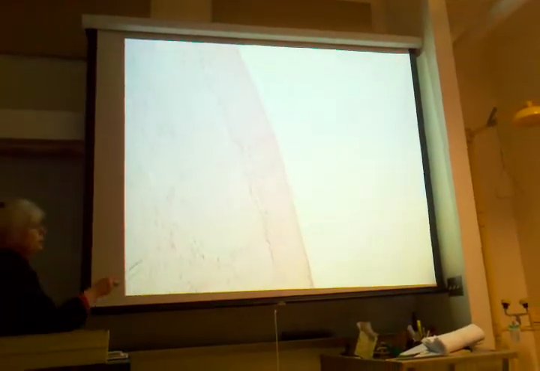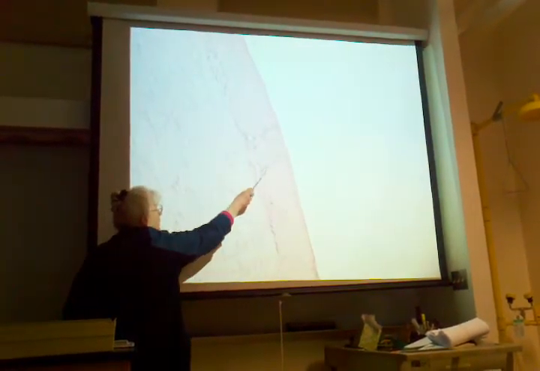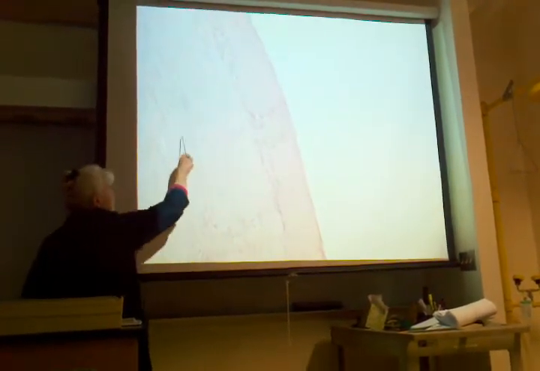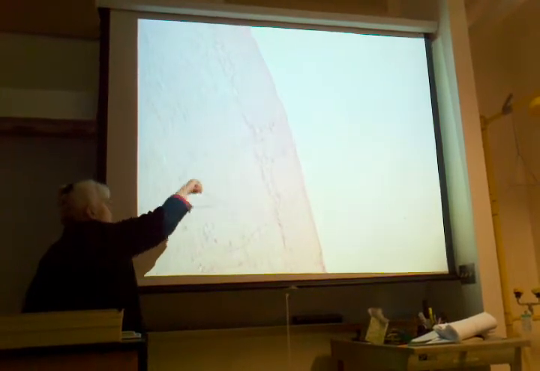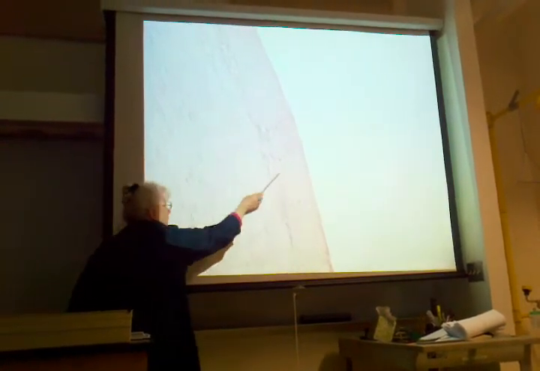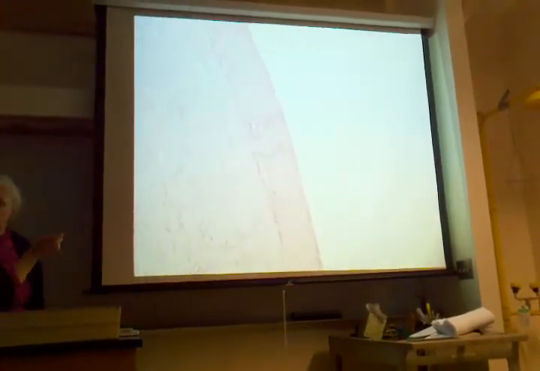On the outside, you see nuclei, right? On the inside, you see nuclei, right? So these are 2 different layers of muscular tissue. You see that?